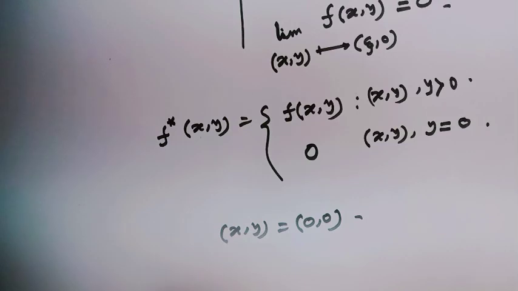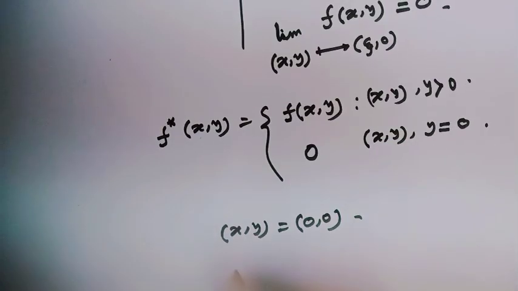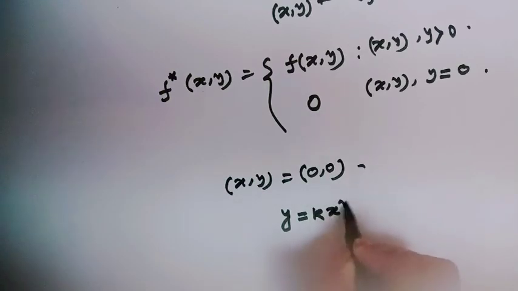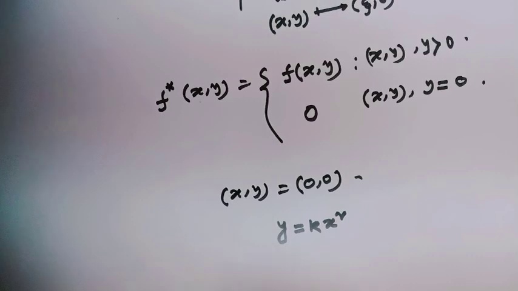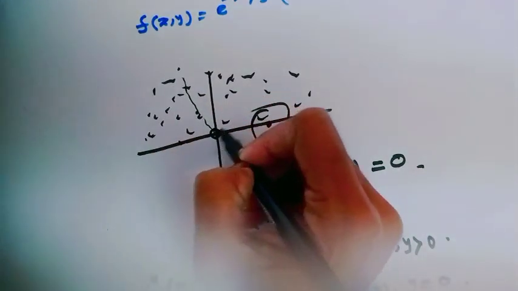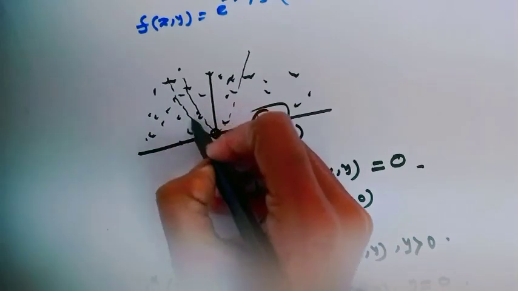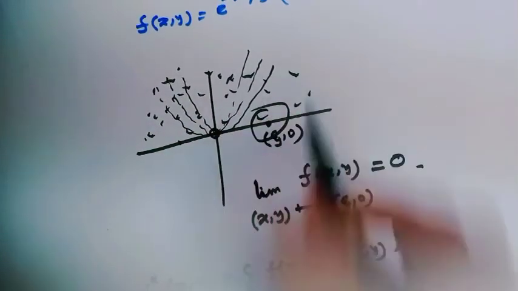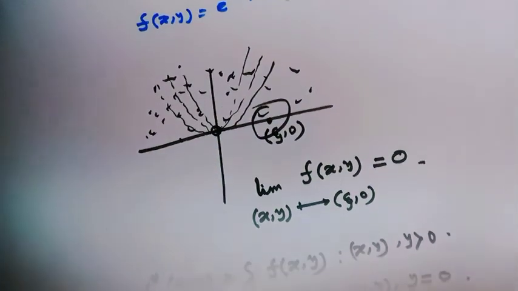Observe what is happening. If I consider a path, the parabola y equals kx square, that means you can consider this path through the origin. Are you getting my point?